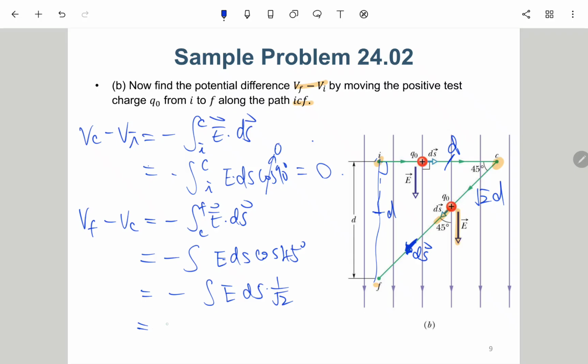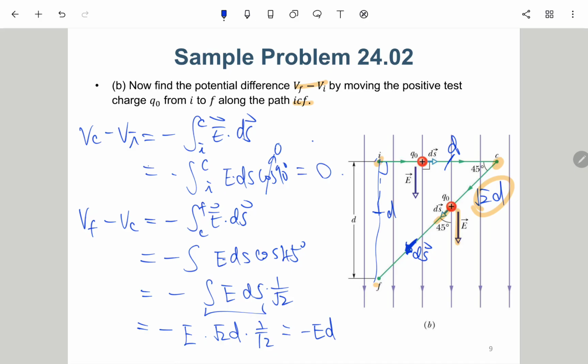It is still integrating a constant: E times the integration of ds. This time the path is longer, with length square root of 2 d. So we have square root of 2 d times 1 over square root of 2. The square roots of 2 cancel each other, so it turns out to be negative E d.